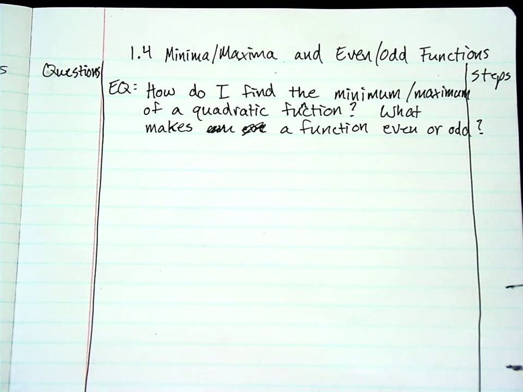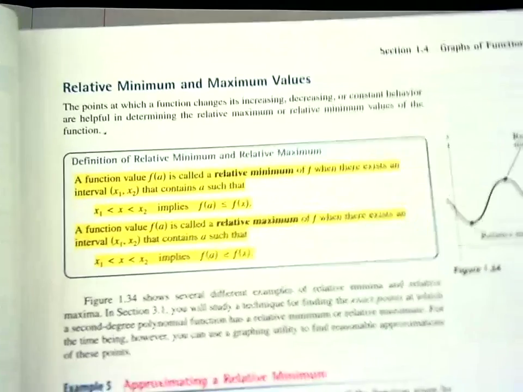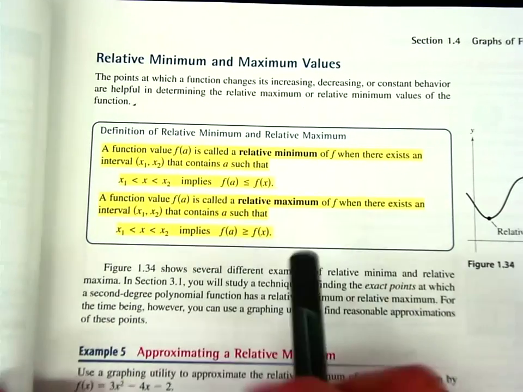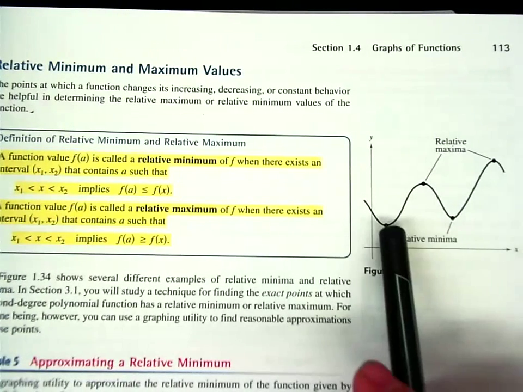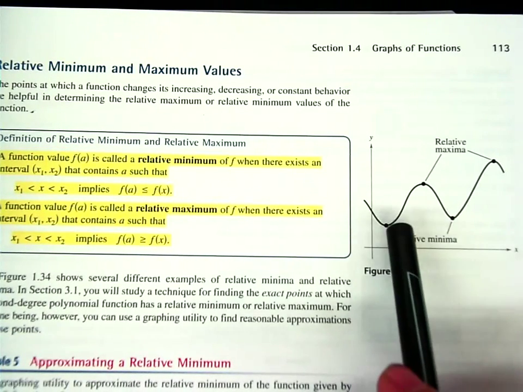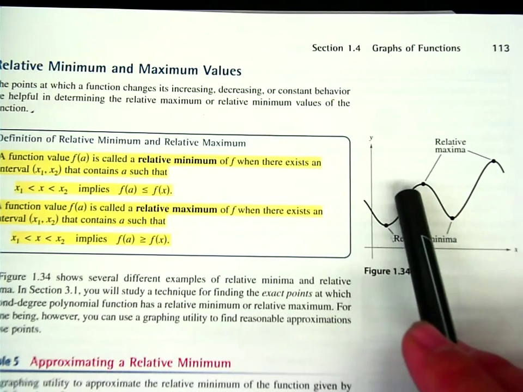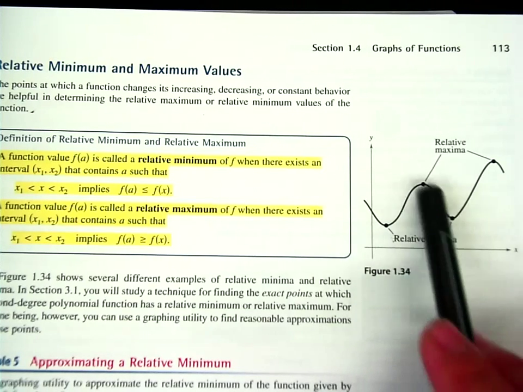Now, in the textbook that you use in class, there is a section called relative minimum and maximum values. And this talks about the fact that there are points on a function that might be the lowest compared to the points around it, or the highest compared to the points around it.